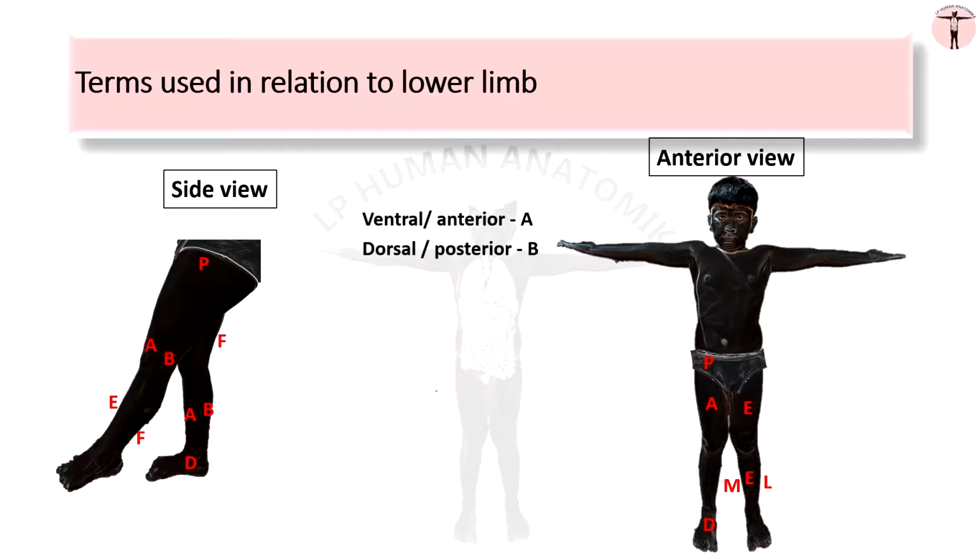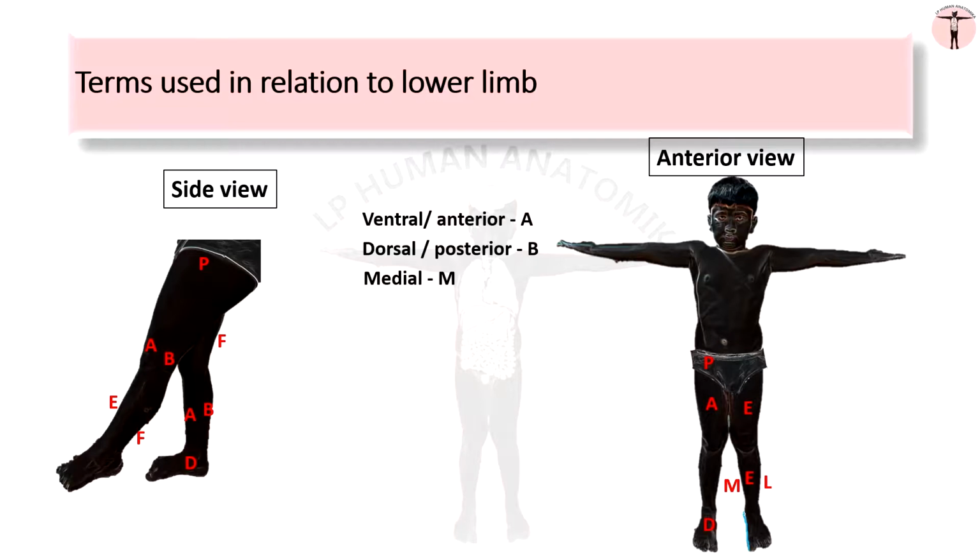Now coming to the relations medial and lateral, okay, the medial border or the medial side of the lower limb lies along the big toe or the hallux of the foot, medial side of the foot.